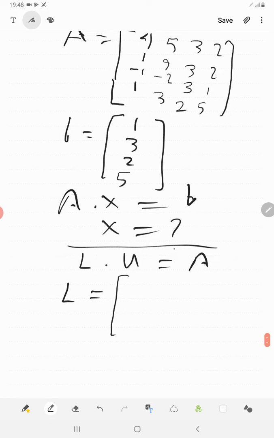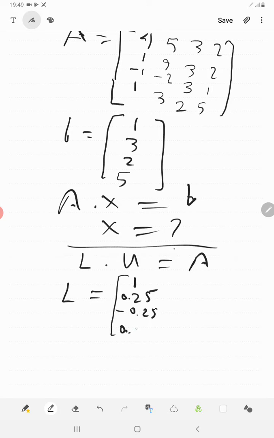L turns out to be the final L. Let me just put it to L. We get L is 1 here, and 0.25, and minus 0.25. I want you to go through the program, understand it step by step, and calculate these things.